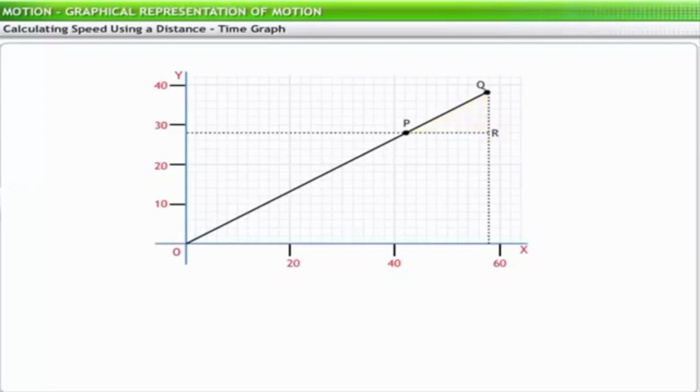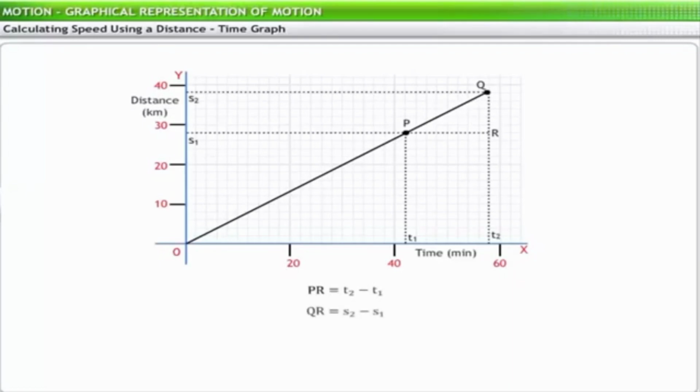On the graph, PR denotes the time interval, while QR corresponds to the distance. You can see from the graph that as the object moves in time interval t2 minus t1, the distance it covers is s2 minus s1.